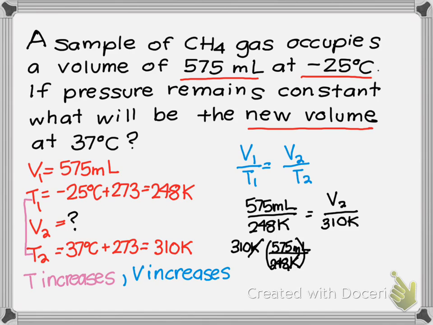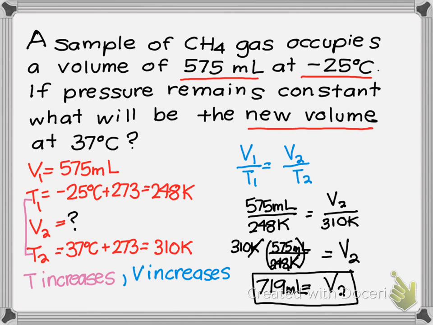That will cancel out my Kelvin, so my units are milliliters. To get the answer, I take 310 times 575 and divide it by 248. To three significant figures, my new volume is 718.75, so it's going to be 719 milliliters, which does increase. Remember, I predicted the volume would increase, and it does increase.